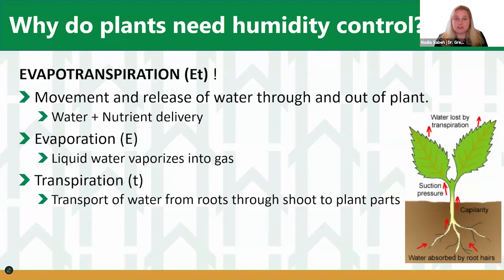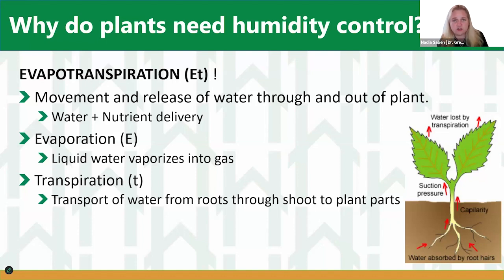Now, evapotranspiration is a compound word, so it combines two words, evaporation and transpiration. Evaporation is the process at which water evaporates into the air, just like a wet wall, right? Where we're evaporating water from that wet wall and into the air. Same idea here. The plants are going to evaporate water that is in their stomata.